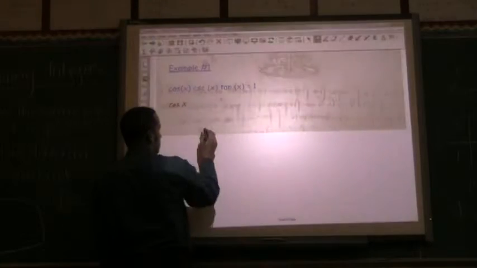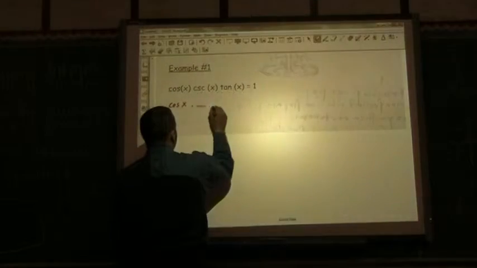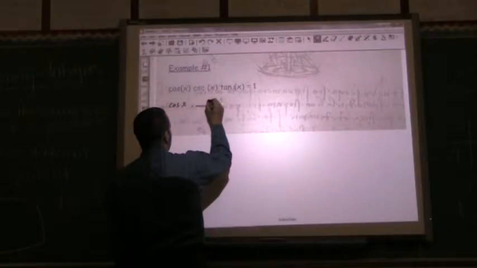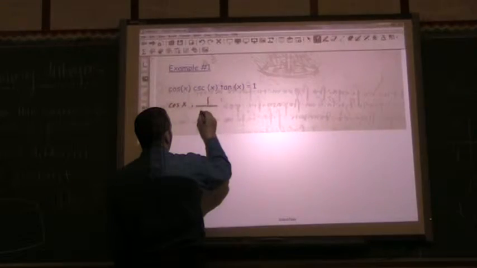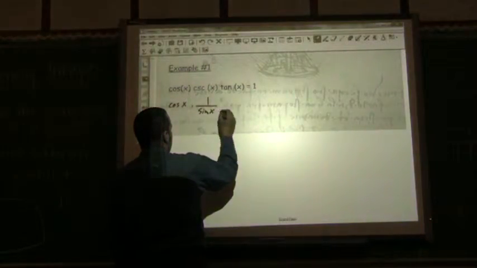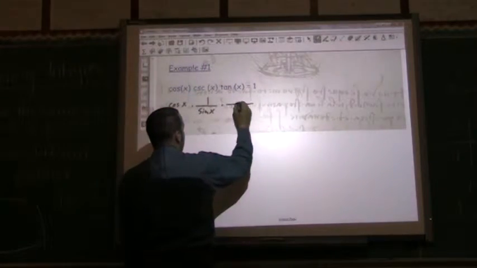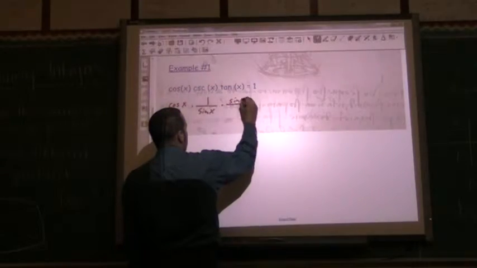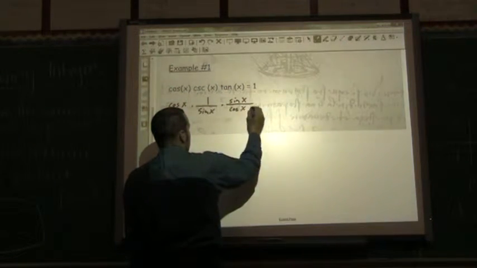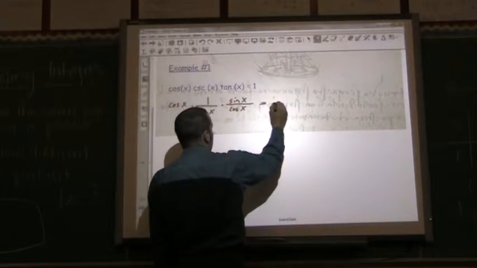Cos x is just cos x. Okay. Then we say cosecant is 1 over sine x, and tan is sine x over cos x. And this should all come out to equal 1.